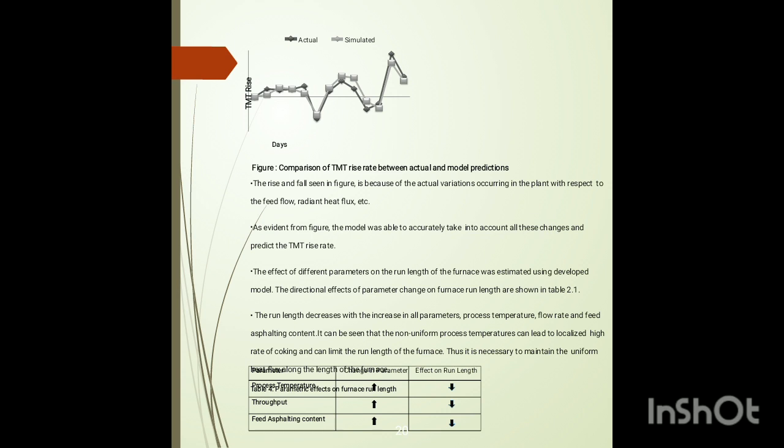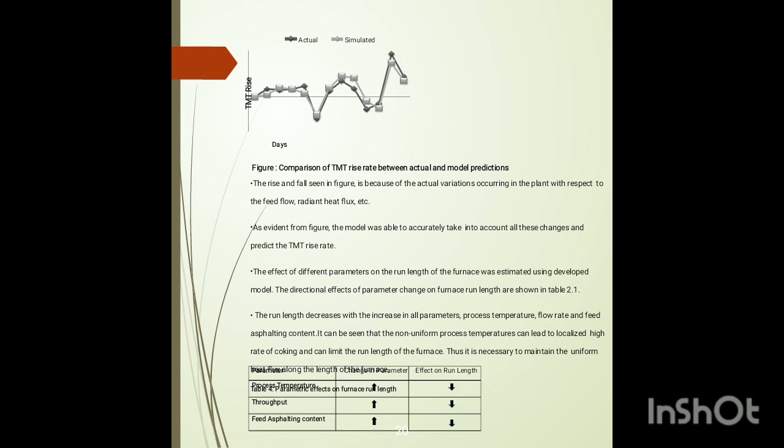These are the factors included for the coker furnace: comparison of mean temperature rise rate between actual and model predictions, and TMT rise. The run length is the main factor.